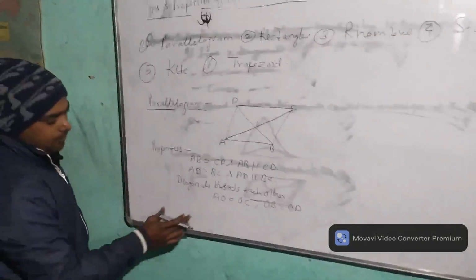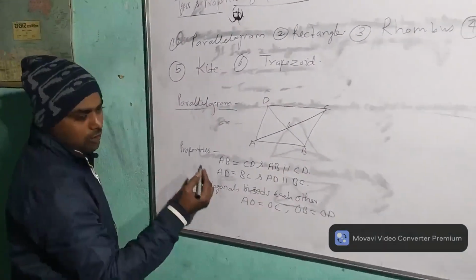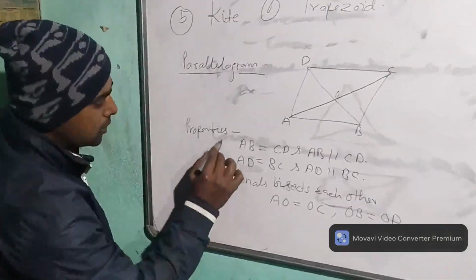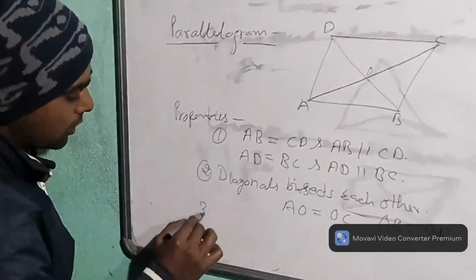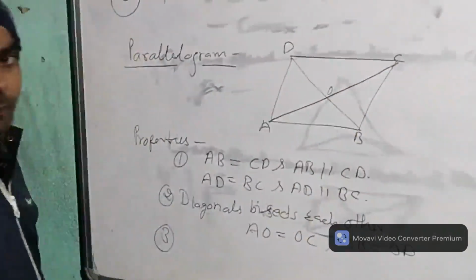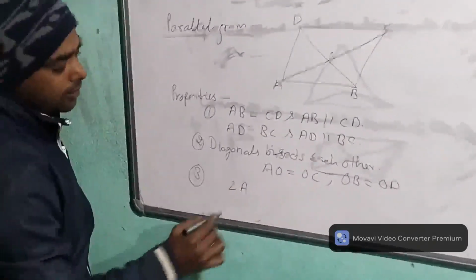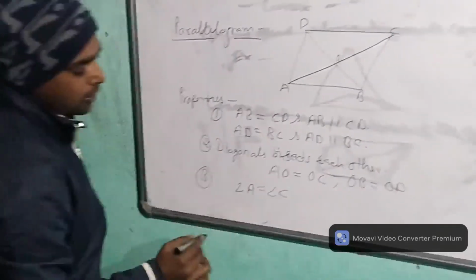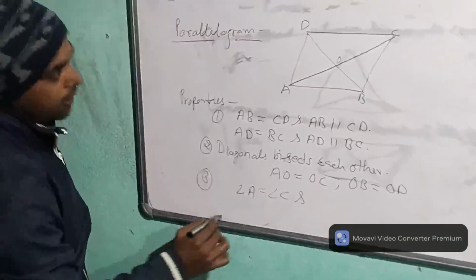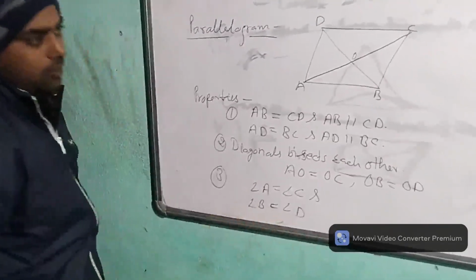And opposite angles of the parallelogram will be equal. That is, angle A is equal to angle C, and angle B is equal to angle D.